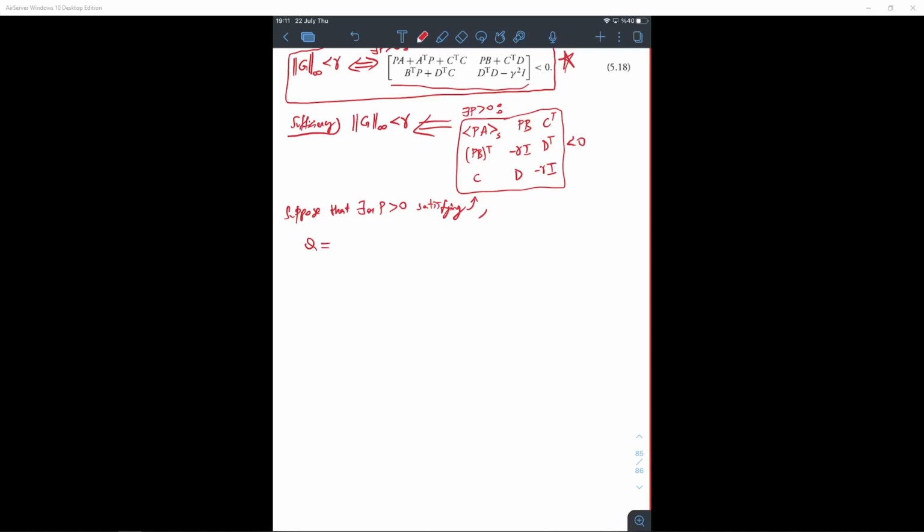And by using, what was it, Sylvester's criterion, this must be negative definite, first condition. This must be negative definite, and then this must be negative definite, right, from Sylvester's.